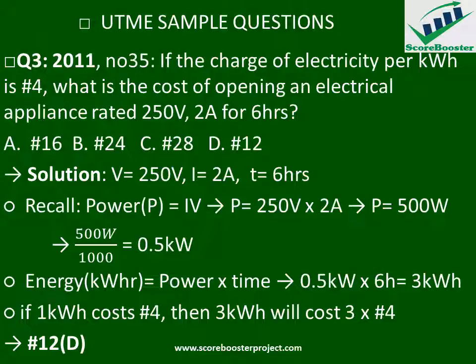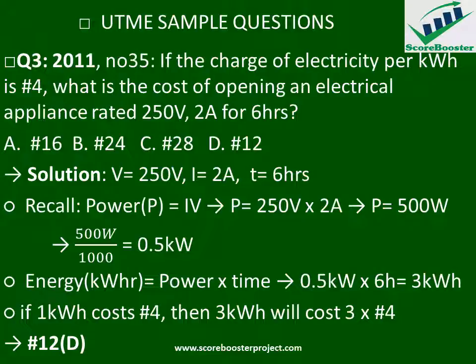Therefore the energy in kilowatt hour will be equal to power times time, and our power is 0.5 kilowatt times time, which is 6 hours, since we are told that it was used for 6 hours. So 0.5 kilowatt times 6 hours will give us 3 kilowatt hour.